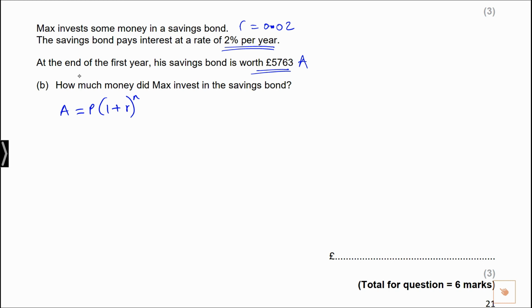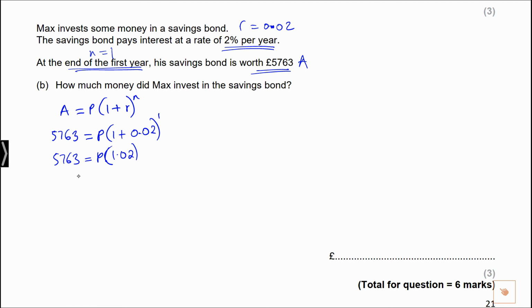This is at the end of the first year, so we can see that n is equal to 1. So if you plug all these parameters in, you'll end up with 5763 equals P times (1 plus 0.02) to the power of 1. So we have 5763 equals P multiplied by 1.02.